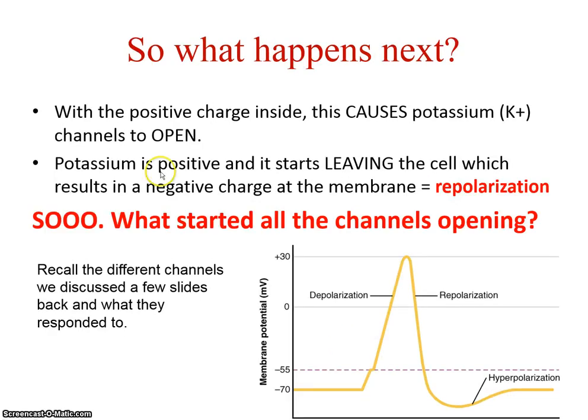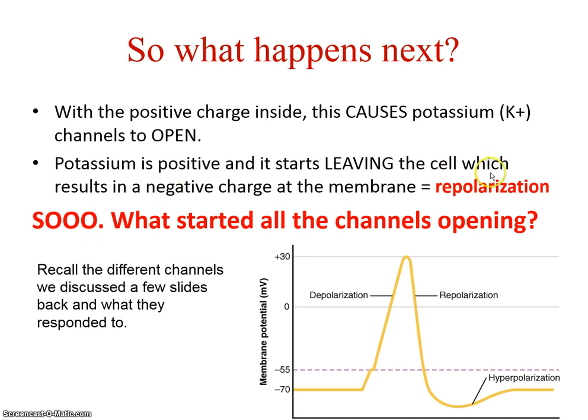All right? With the positive charge inside, this triggers the opening of potassium channels. So potassium channels open right about here. Since potassium is positive also, but it's high inside, if you open the channel, potassium will start moving out of the cell.